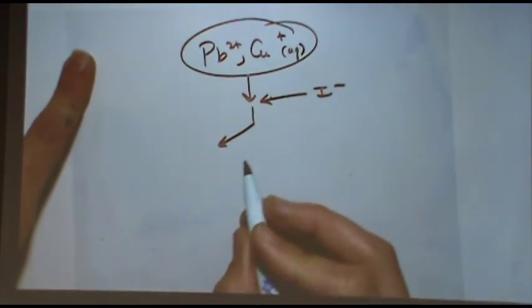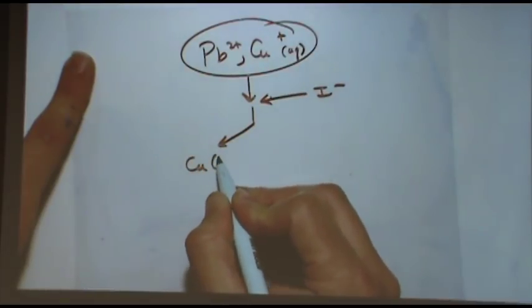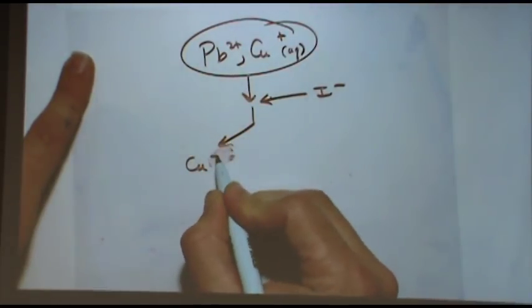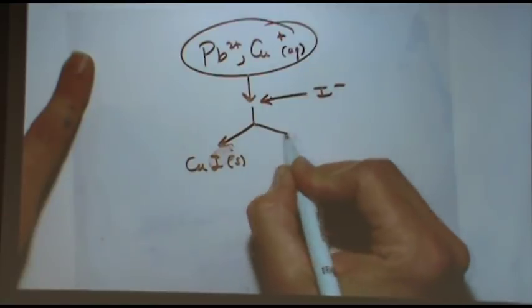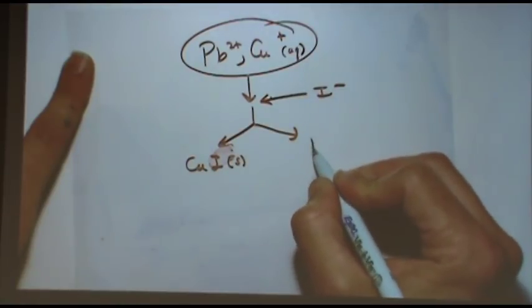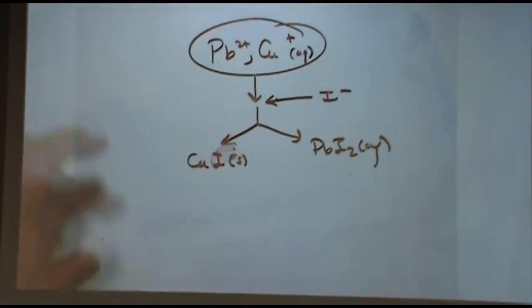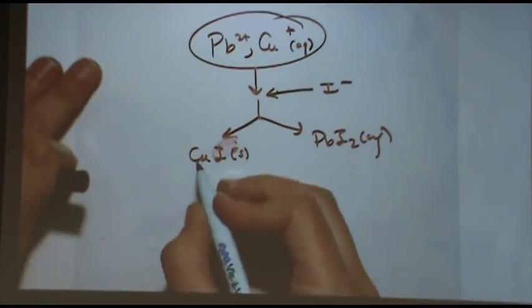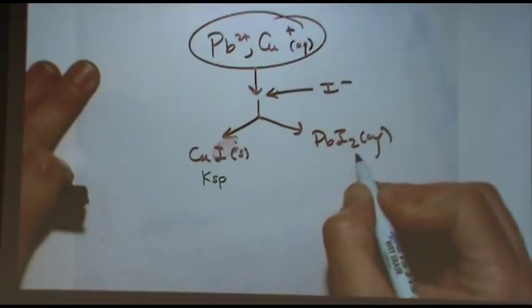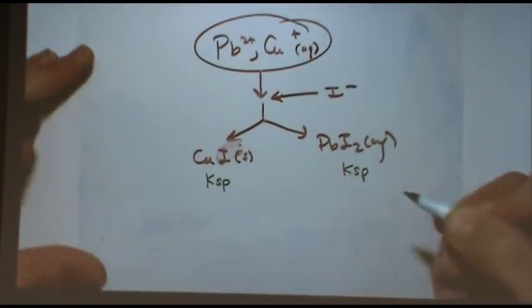So the iodine in this case, with the right concentration, will cause the copper to precipitate and the lead to be aqueous. Okay, so one's a solid, the other one's aqueous. You can pour one out of the other. And so I did an example, and basically what you need is you need to be given the KSPs of both of these in order to solve this.